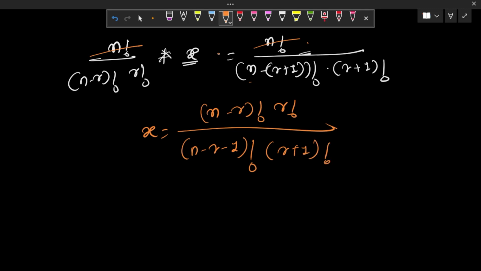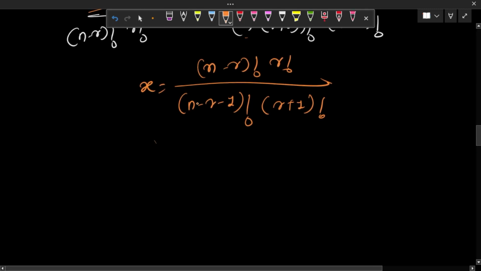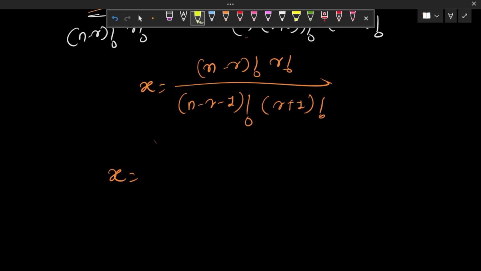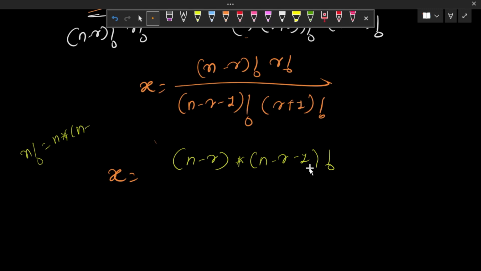Now if we try to solve it further, let's see what the result will be. Can I say n minus r factorial is equal to n minus r into n minus r minus 1 factorial? It comes from n factorial being equal to n into n minus 1 factorial.